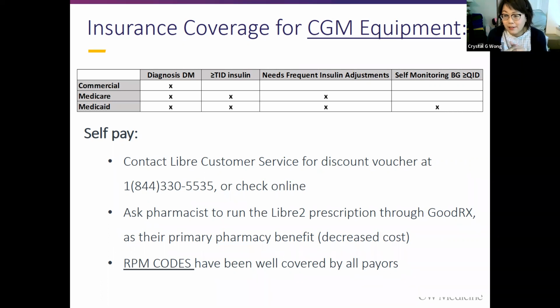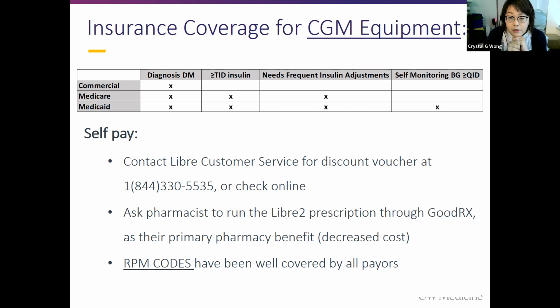They don't make it on other things in diabetes. It's the sensors. Now, if you have a patient who does not have a smartphone, you do have to prescribe a reader as well. So that would also be construed under the equipment portion of CGM. And we will talk specifically about how to order these things in a couple slides.